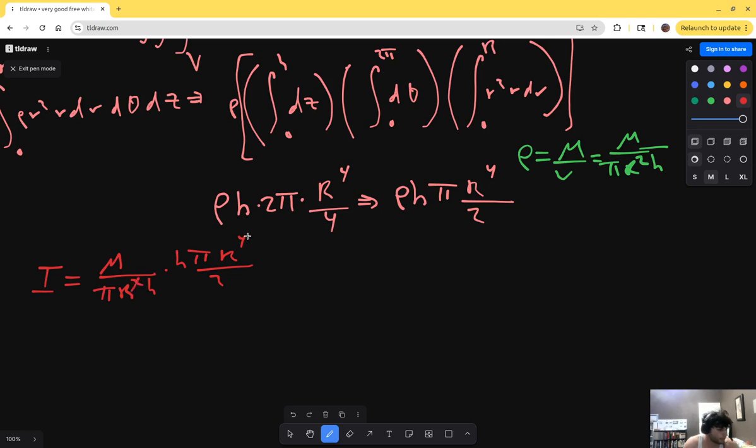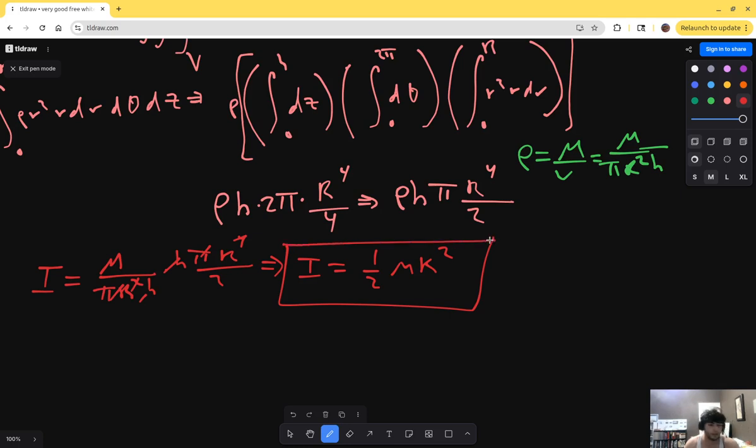This r squared cancels, this goes to r squared, this pi and this pi cancel, this h and this h cancel, and that gives us a final answer of I is equal to 1/2 m r squared. So that is the full calculus derivation.